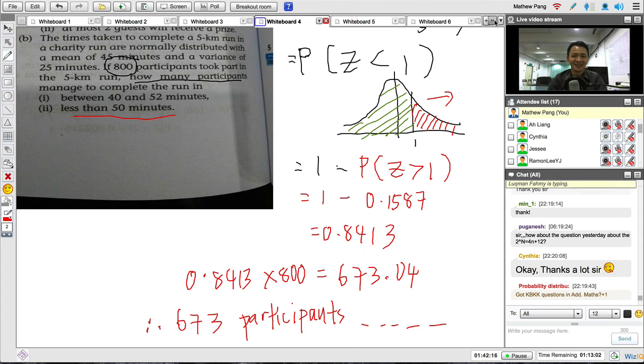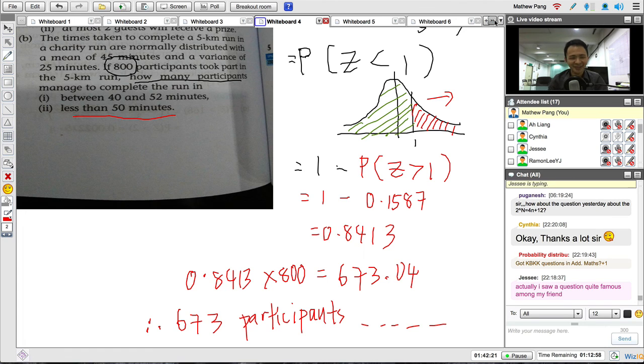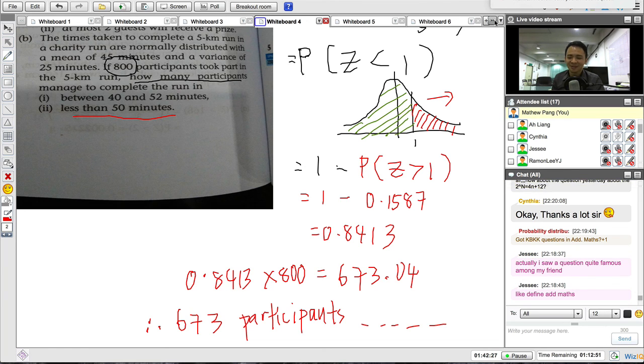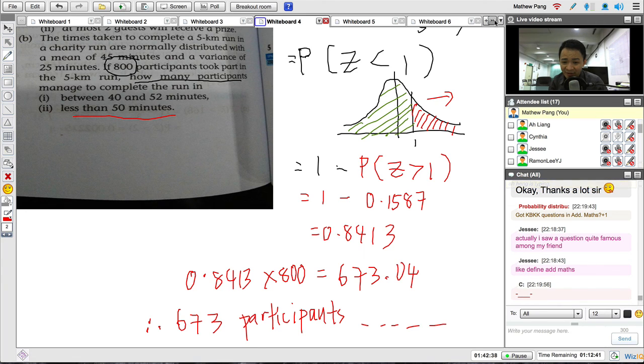They couldn't get the answer either. I don't think we have a formula to solve the question yesterday. Maybe we just use trial and error. I asked a teacher who teaches A-level. I'm not sure why. Maybe if you find the answer, you can share it with me. Actually, I saw that the question is quite famous among my friends.